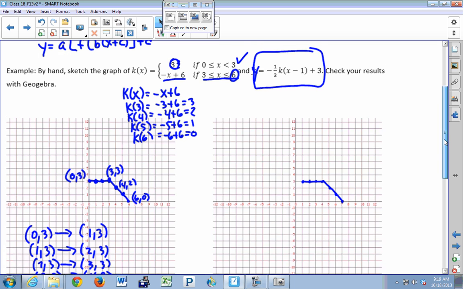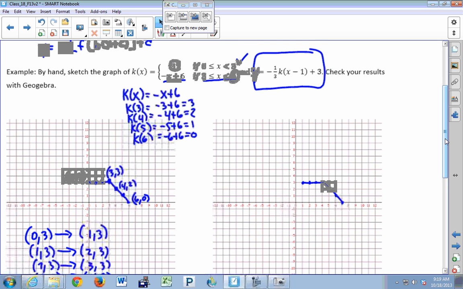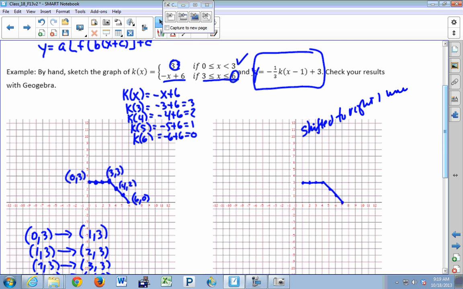Okay. So that's my first shift right here. I have shifted to the right 1 unit. That's what this thing says to do. I've added, or you can say I've added 1 to all my x values. Okay.